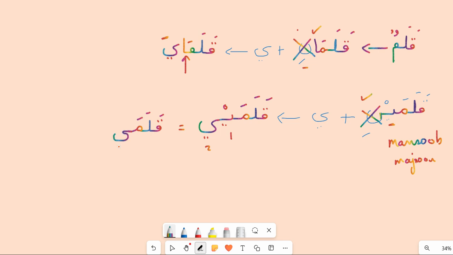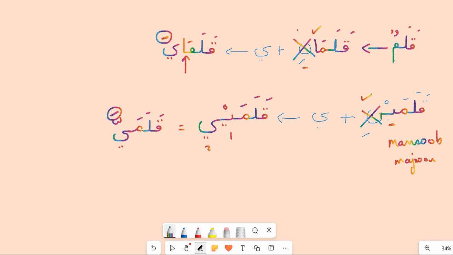So overlapping the two yas, we have a shadda. When you overlap two similar letters, we get a shadda over the letter. This shadda tells you the ya comes twice, it's overlapping, and we have the fatha. So this fatha remains intact. Remember, the fatha remains intact, and this meme with fatha cannot be changed because there is another ya overlapping with the ya mutakallim.